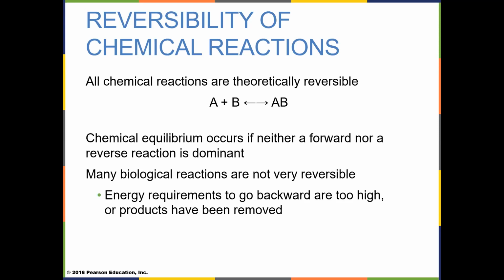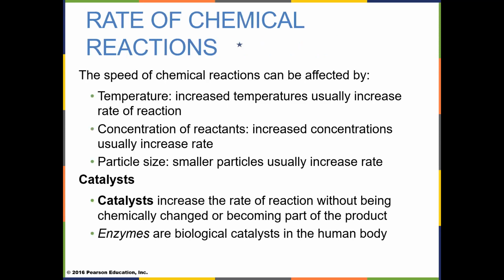So it's almost impossible for us to reverse chemical reactions in our bodies, and that's okay. The end result of a chemical reaction in our bodies is the release of energy. On one side, it's release of energy, release of carbon dioxide, and release of water. Or the end result of a chemical reaction is to take little molecules and make big ones. We can't go backwards in our bodies.